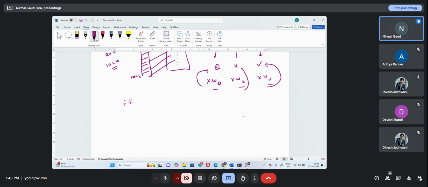In feed forward, you are having two linear layers, L1 and L2. And I already told you what the linear layer does: Wx plus b. This also performs Wx plus b.